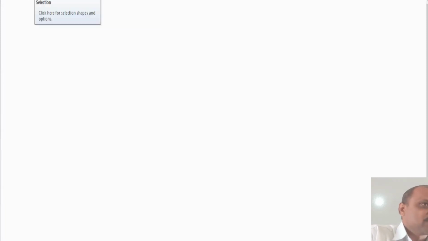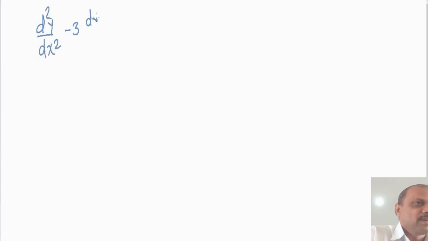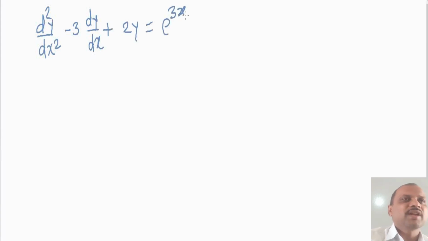Suppose the differential equation is d2y by dx square minus 3 dy by dx plus 2y equals e raised to 3x. Then first find the auxiliary equation.